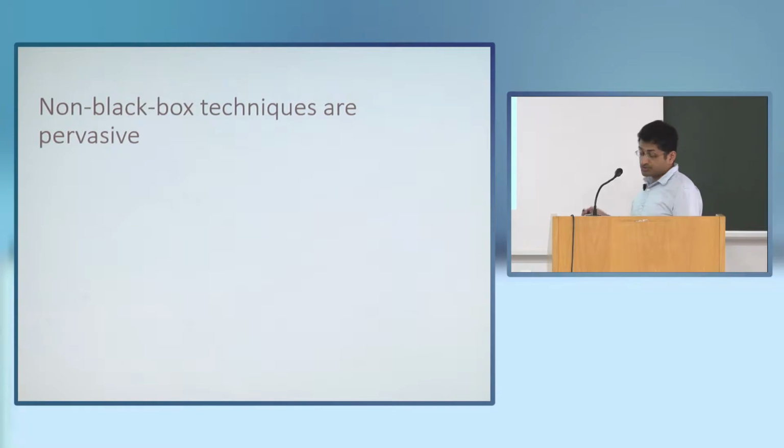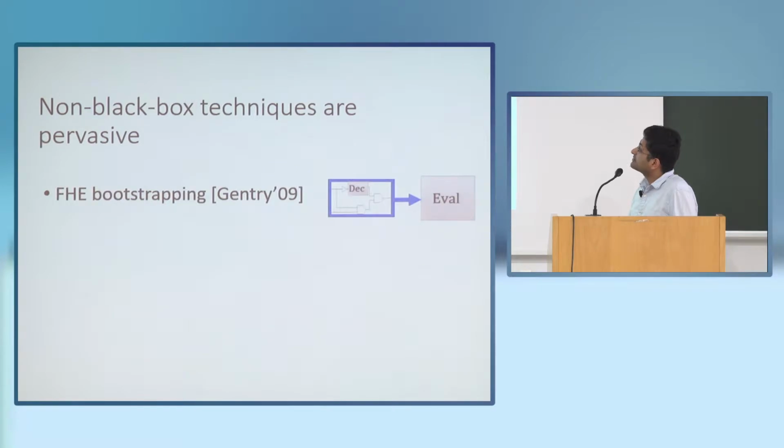Okay, so just to give some context for these problems, non-black box techniques are pervasive in cryptography. Two examples which I really like: the first is FHE bootstrapping. That crucially relies on this non-black box use of decryption inside encryption being used as input to the evaluation algorithm for the FHE to achieve full homomorphism.